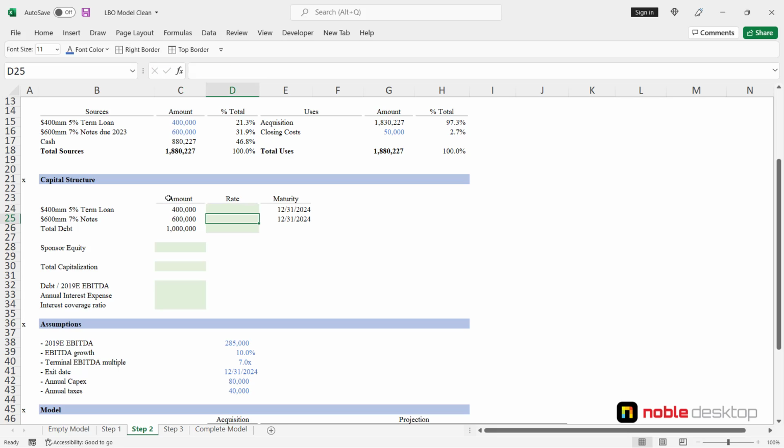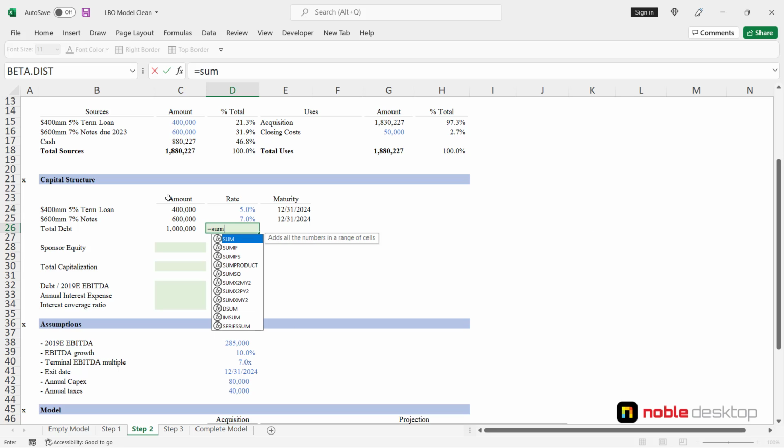And my rate for the term loan is 5%. My rate for the notes is 7%. And I'm going to calculate the rate for the total debt. I'm going to use the SUMPRODUCT formula to do so. The SUMPRODUCT formula, as you can see here, returns the sum of the products of corresponding ranges or arrays.